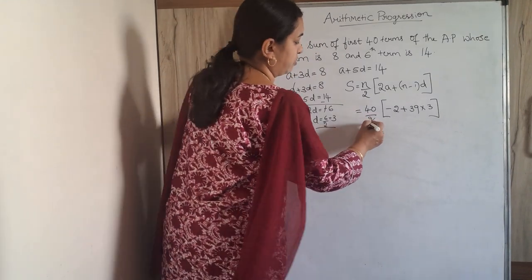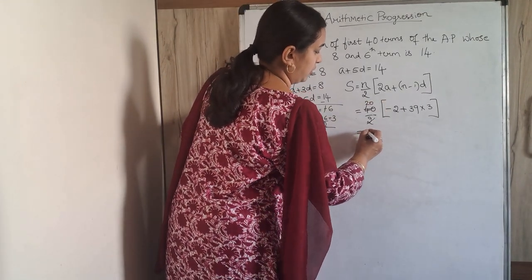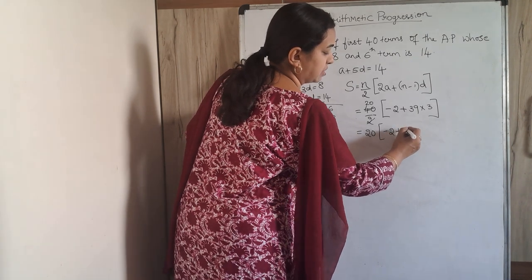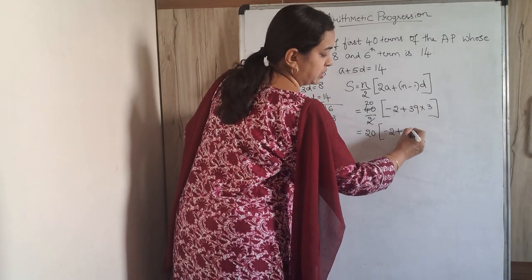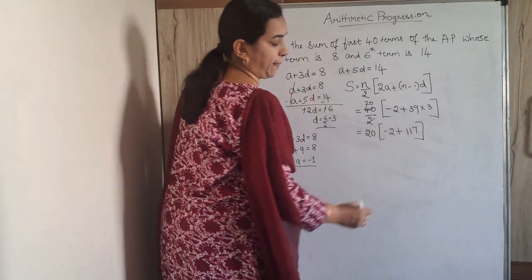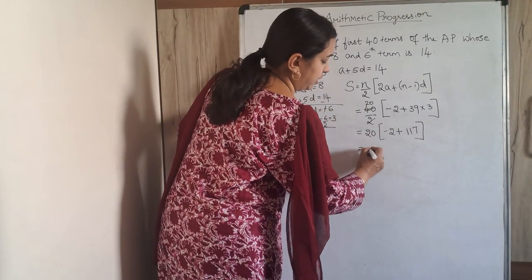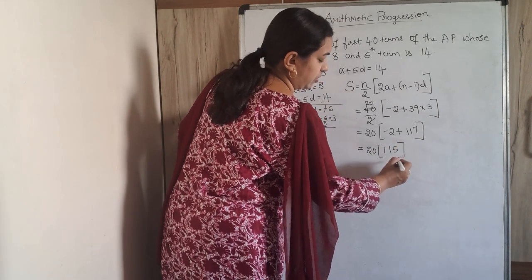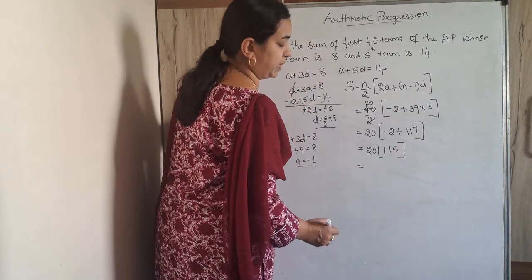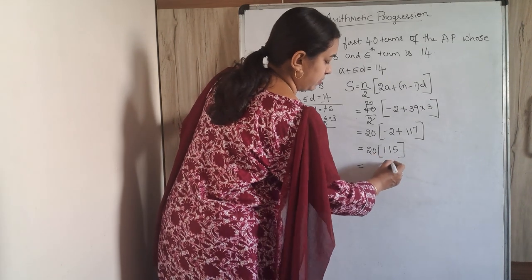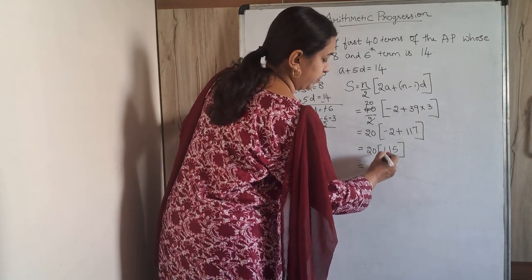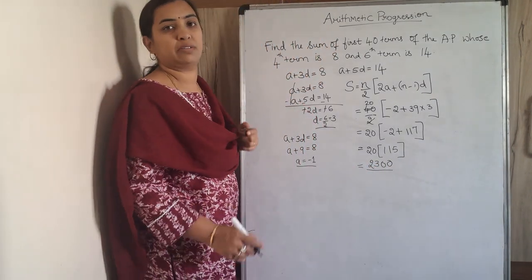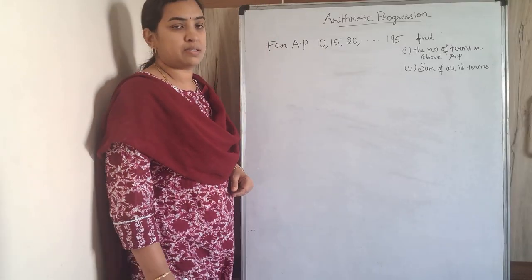So this will be 20 times minus 2 plus 39 threes, which are 117. So this will be 20 times 115, which will be 2300.